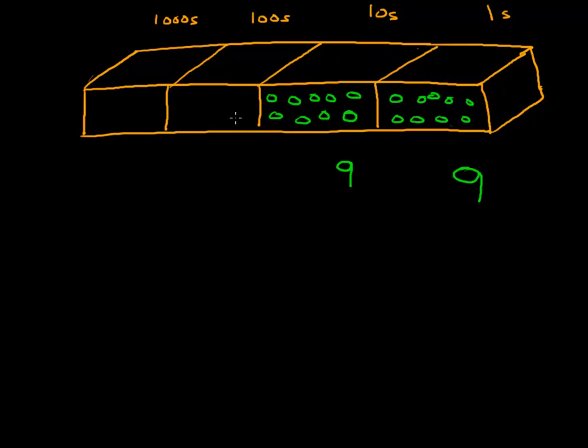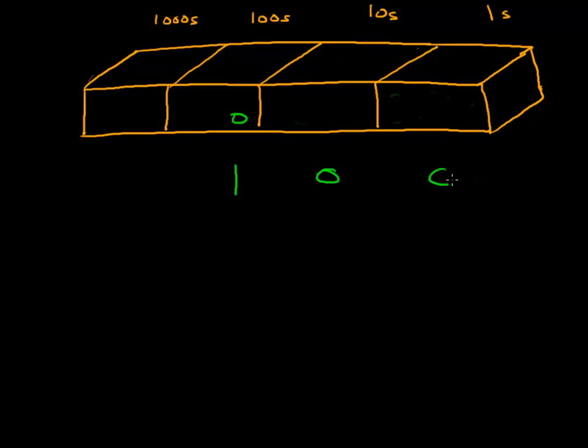So now we need to use the hundreds column, and so we say if we put just one ball in the hundreds column and then we erase out all the others, we will have 100. And so the number which we're representing here is 1, 0 and 0, which we know as 100.